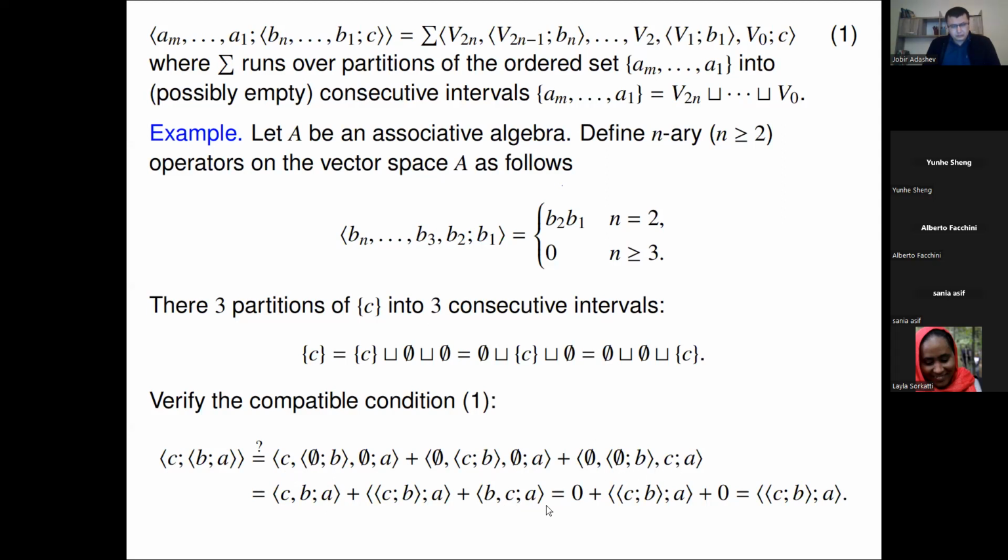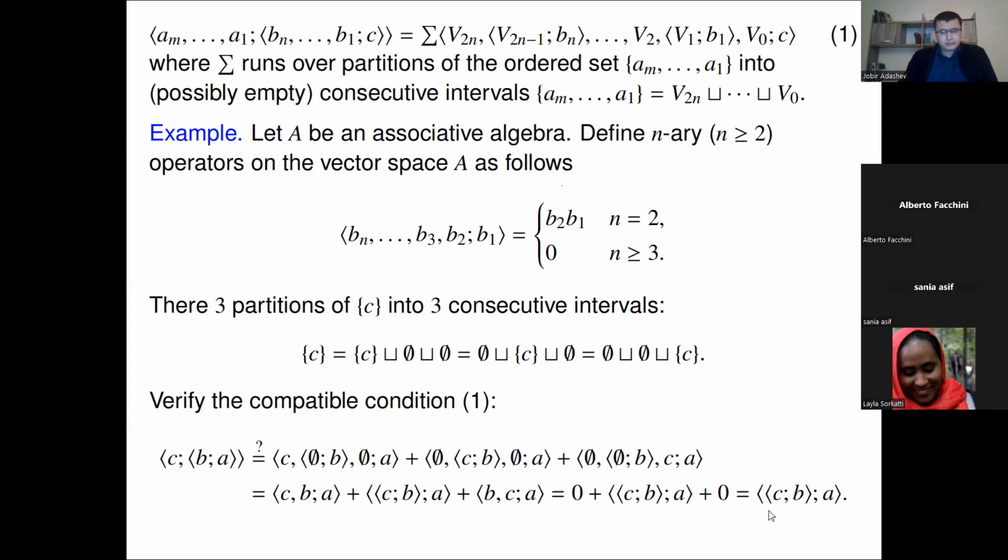But by definition, this term is just 0, because here n is 3, and we know if n is greater than or equal to 3, then the n-ary operator is just 0. So the first term and the last term in this sum are both 0. So finally we got only one term.